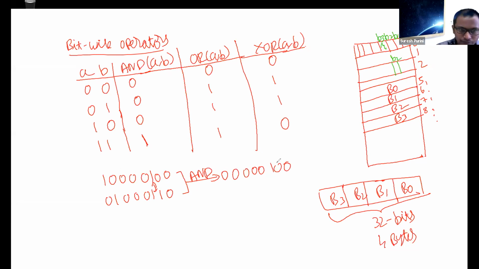So in C, the operator that we use for AND is this, and for OR it is this, and for exclusive OR I forgot, maybe it is this. And then there is one important function that is NOT.